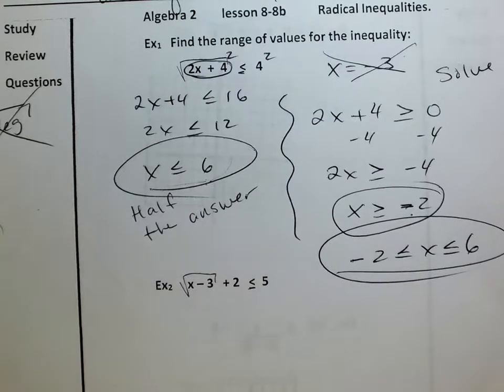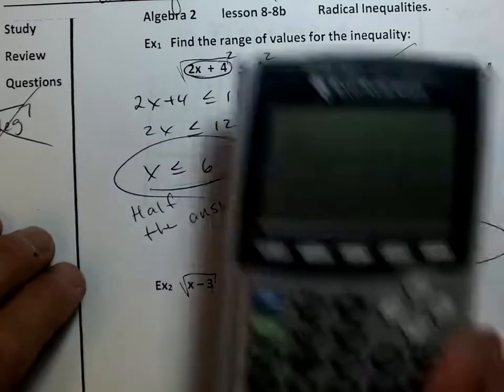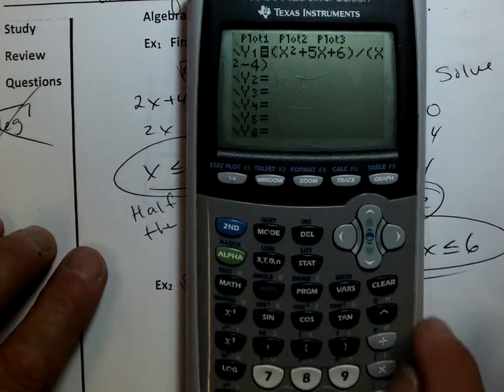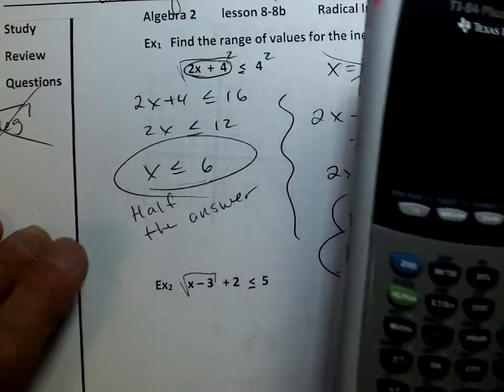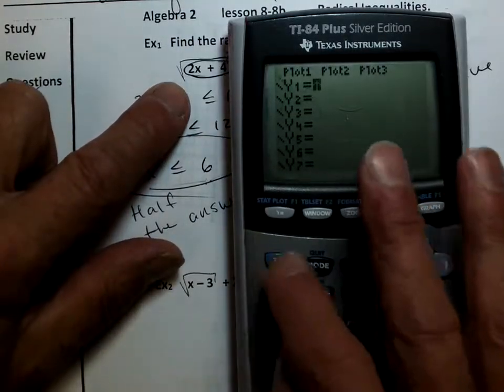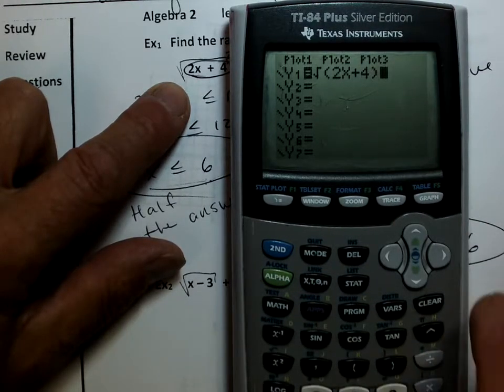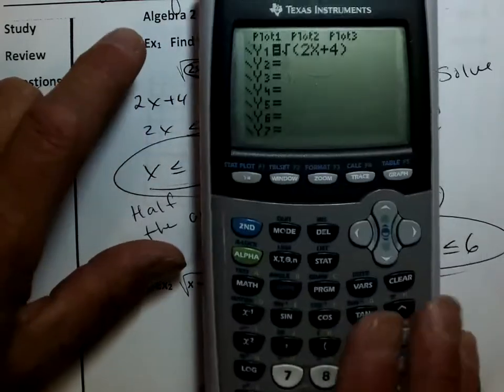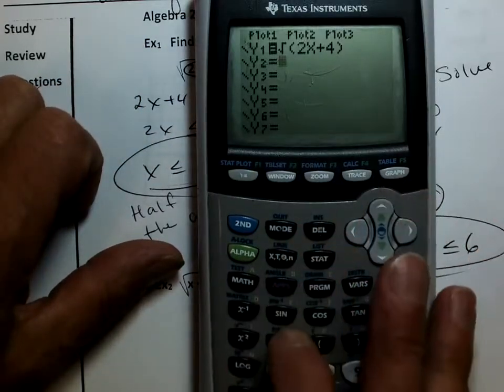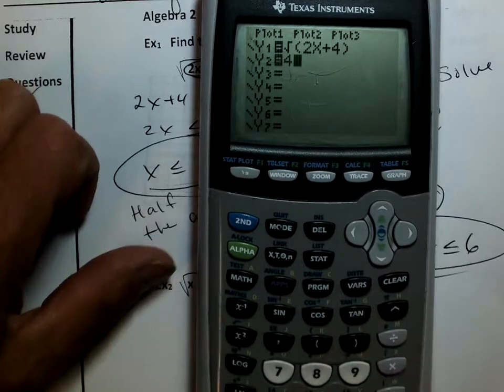Now, on Friday, I even graphed it for you so you can see it, right? So if I went through and put it on my calculator, okay, clear this, and if I graphed the original, the square root of 2x plus 4, and I graphed the value of 4. Let me change my window so it'll work. So I've got two graphs.